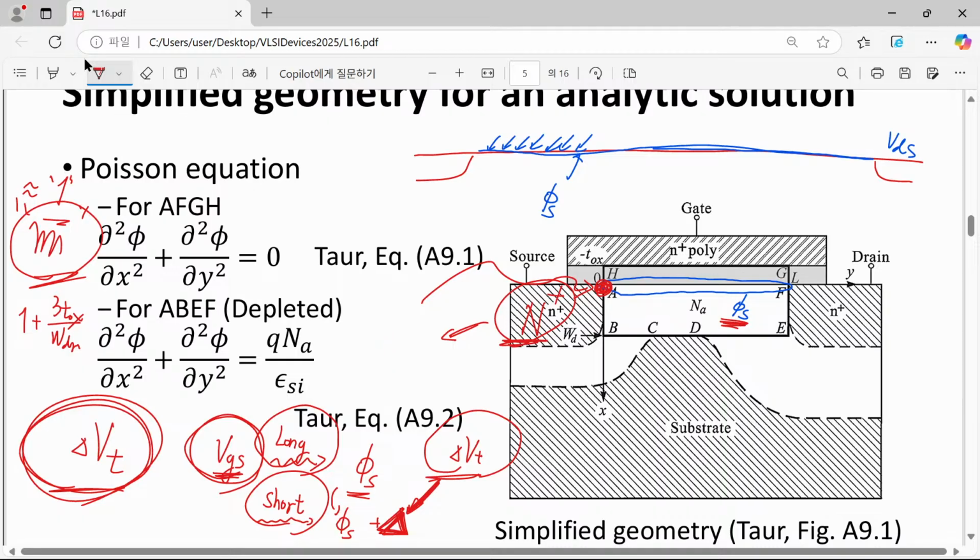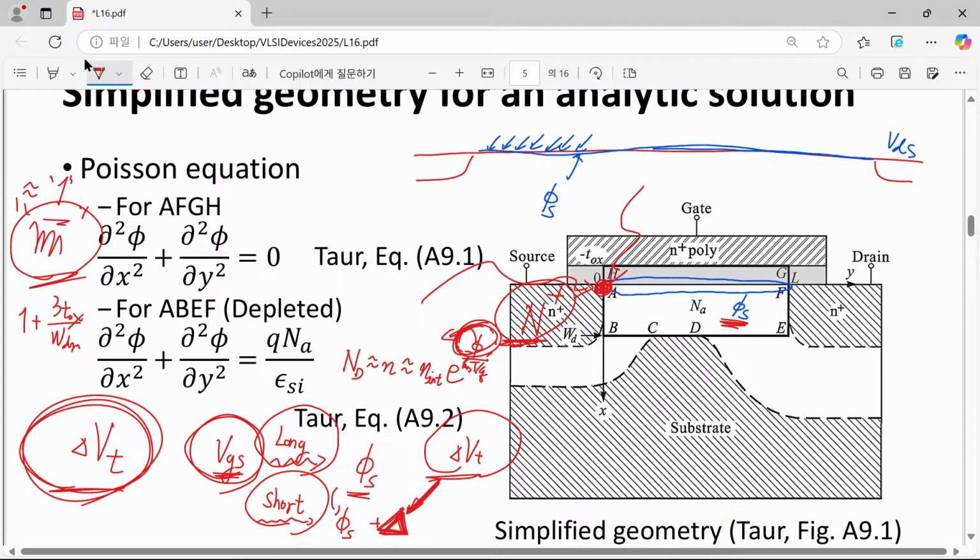So simply speaking, if I have to write it down, the donor density is equal to our electron density, and this electron density is simply given by the intrinsic carrier density times exponential of phi over kBT over q, some voltage. So our potential will be simply determined by our n plus doping density. This value is nothing related with the MOS structure. And now we have a contradiction.